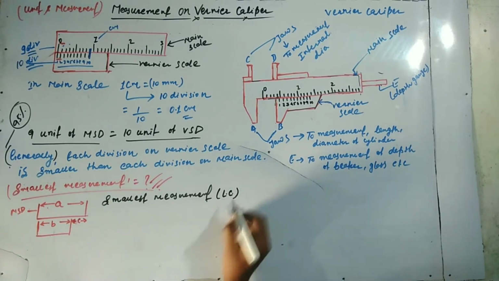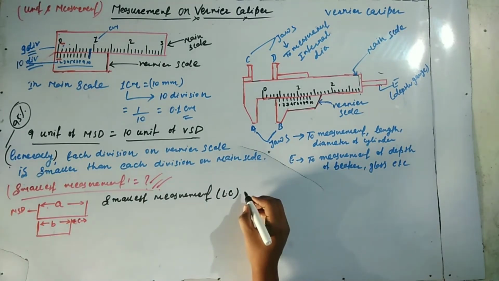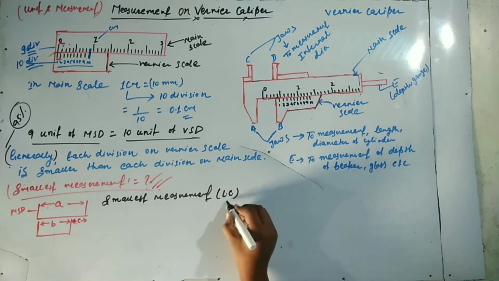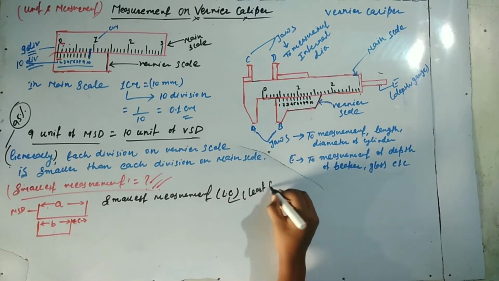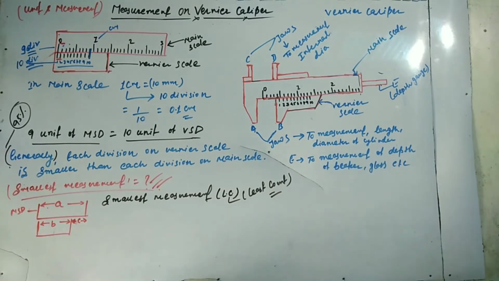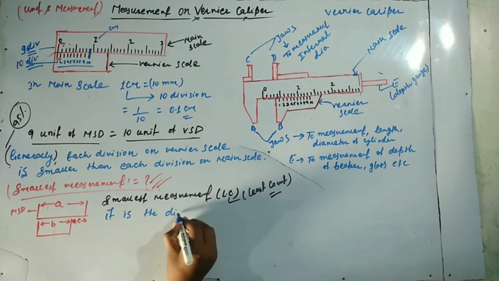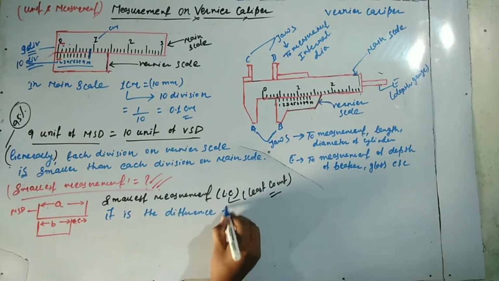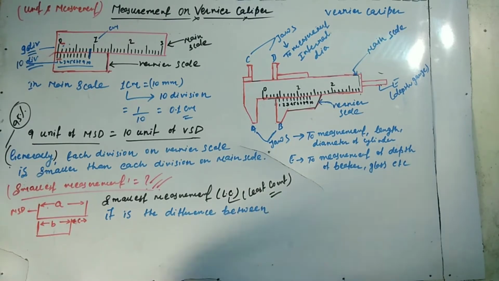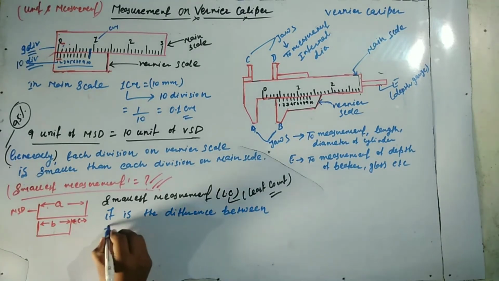That is, one main scale division is A and the Vernier scale division is V, so the result is C. That is called the least count. It is also called the smallest measurement of the Vernier caliper or Vernier scale. So the smallest measurement is the difference between one main scale division and one Vernier scale division.